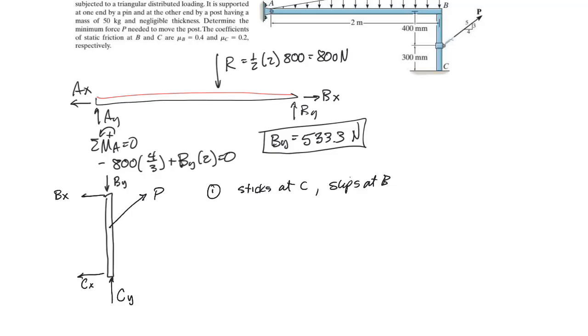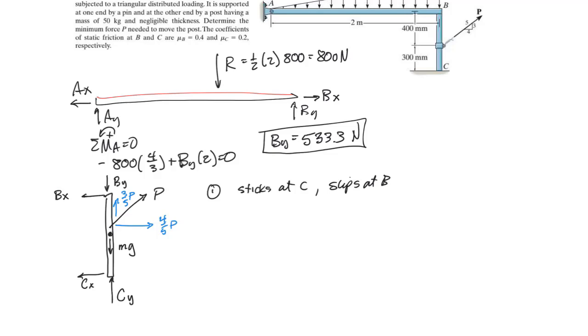Let's look at this pulling force. It has two components: a component in this direction, which is 4/5 P, and a component in this direction, which is 3/5 of P. And I forgot, there's also a weight, an mg. So we'll get to that one in a little bit.